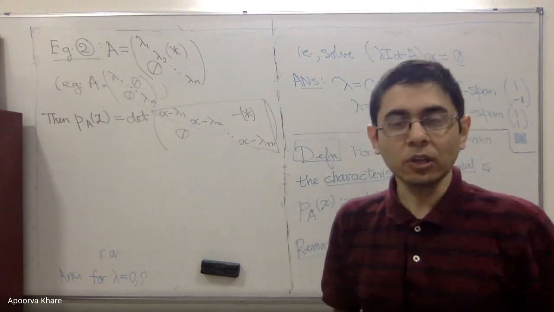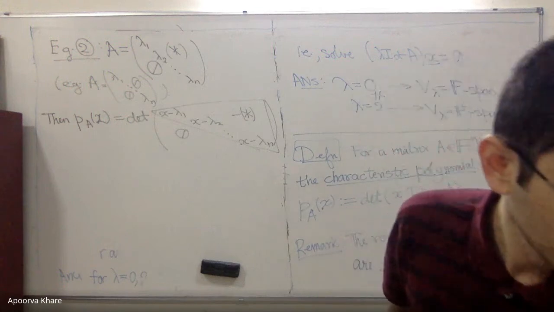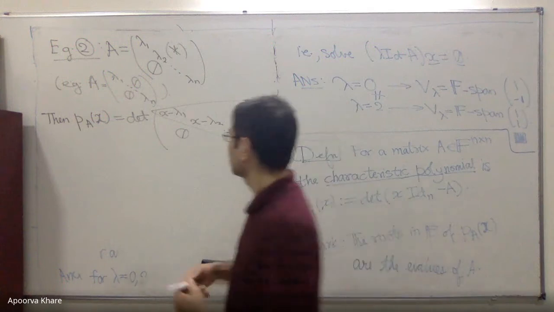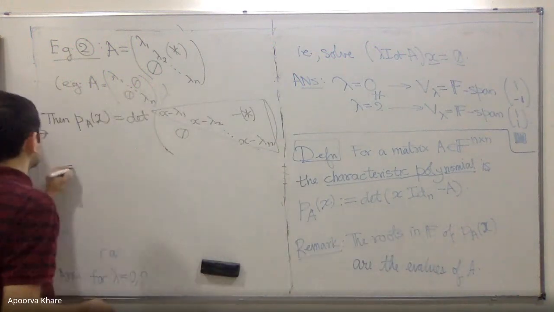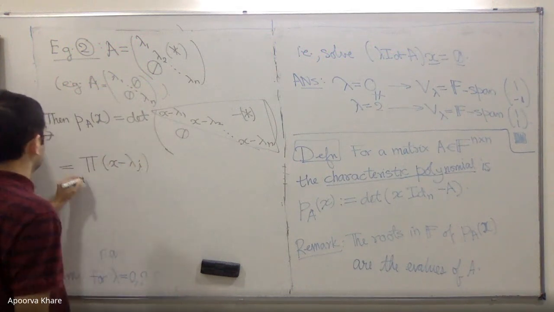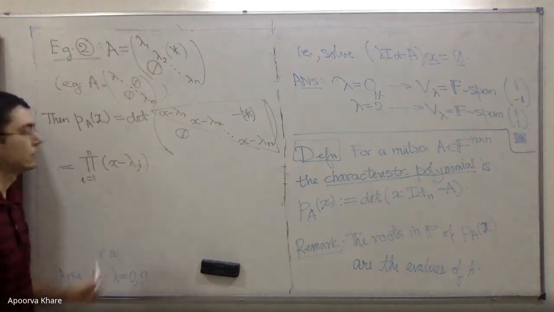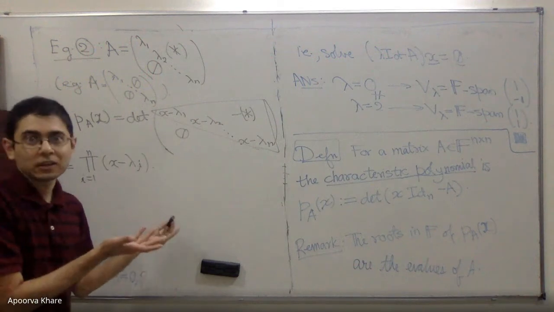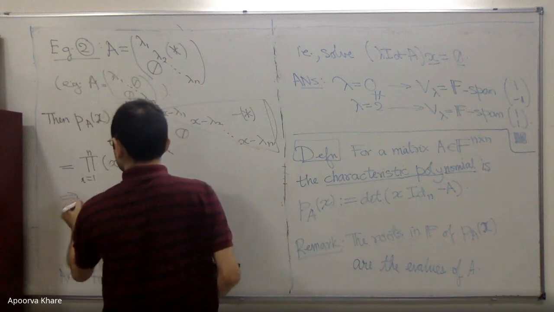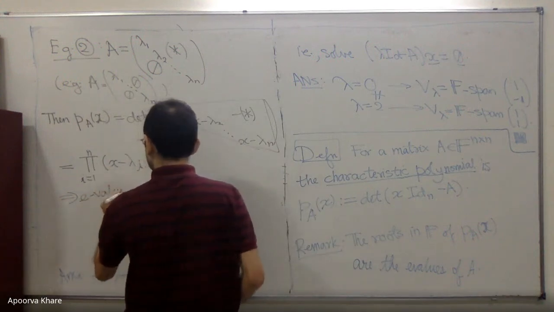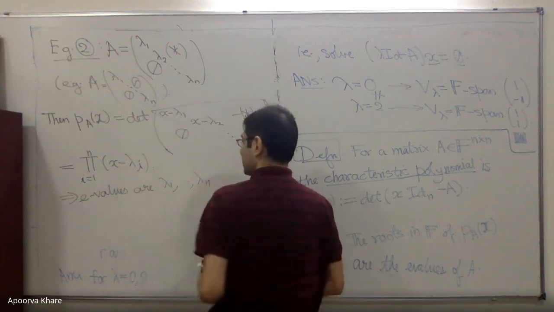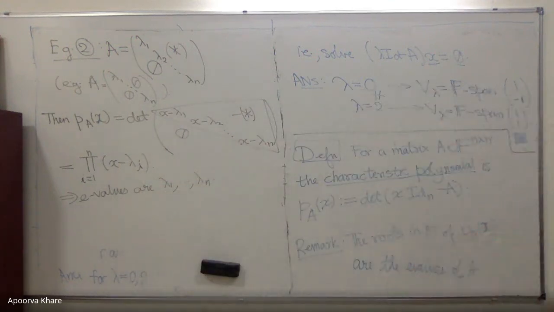And if it is upper triangular, we know that the determinant equals the product of the diagonal entries. That was a homework from homework 8. So this is literally the product of x minus lambda i, i from 1 to n. And so therefore the eigenvalues are exactly lambda 1, lambda 2, up to lambda n, by this remark.